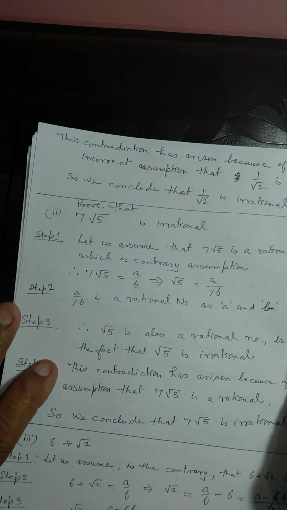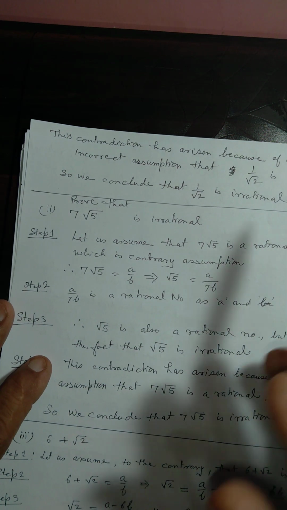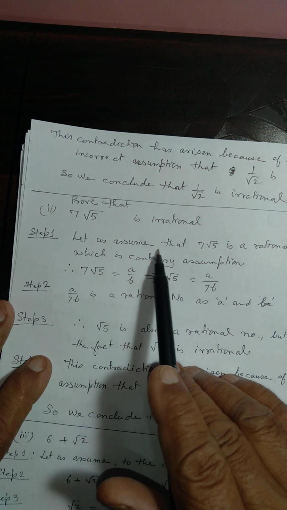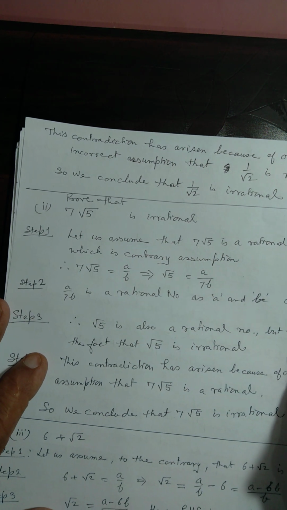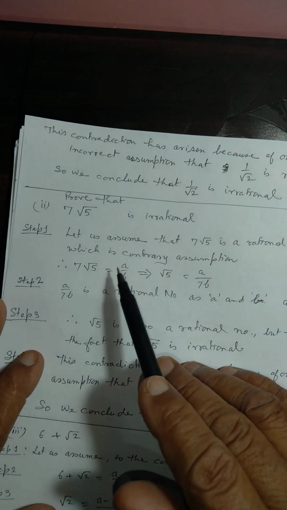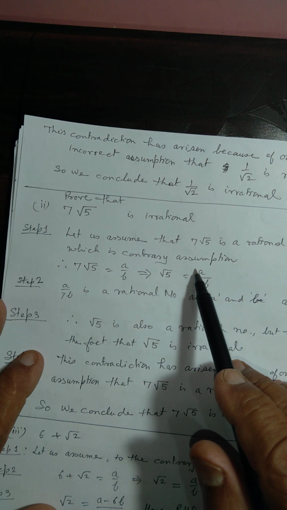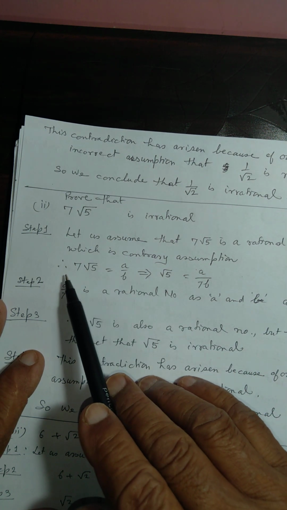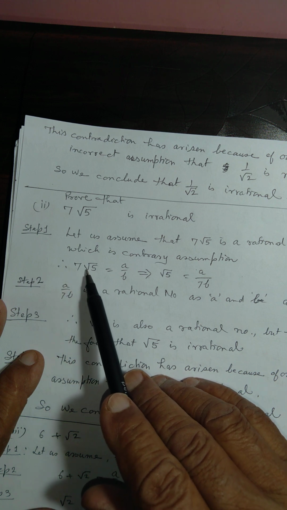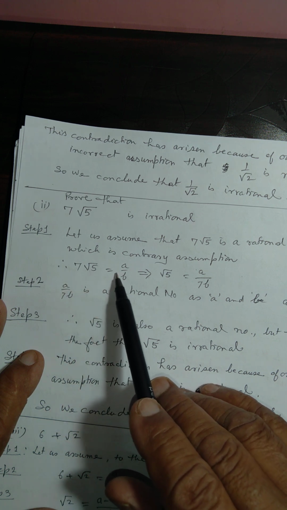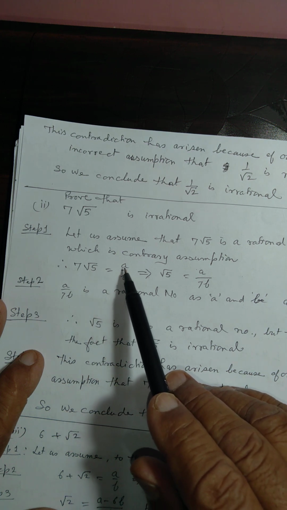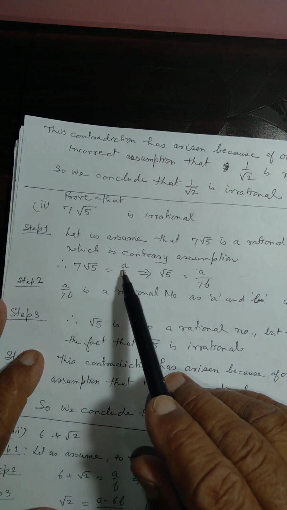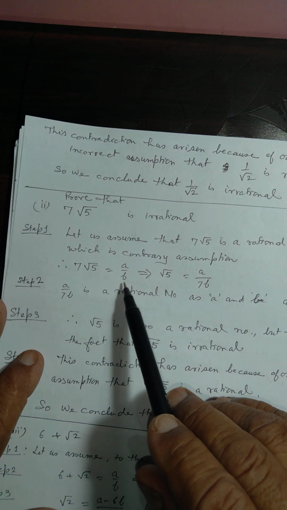So the steps are like this. In the first step, let us assume that 7 root 5 is a rational number, which is a contrary assumption. Therefore, 7 root 5 is equal to a by b. Once we have assumed that it is a rational number, we can write it as a by b.